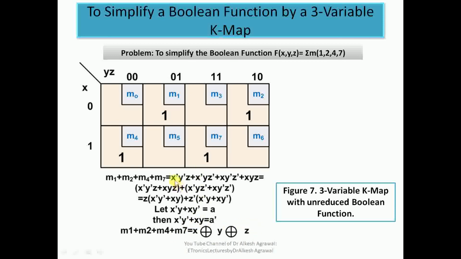So we have written m1 as x bar y bar z, m2 as x bar y z bar, m4 as x y bar z bar, and m7 as x y z. Now you can combine this first term with the last term, or m1 with m7, and we have grouped m2 with m4.